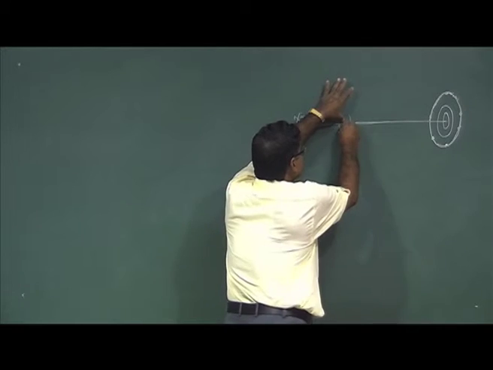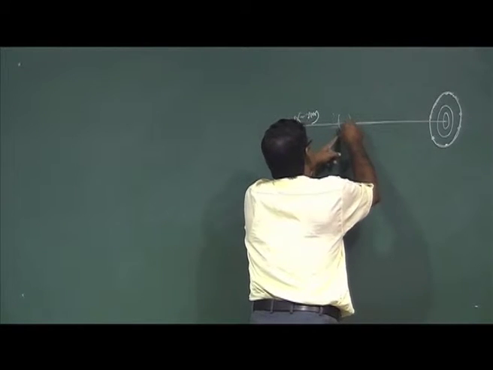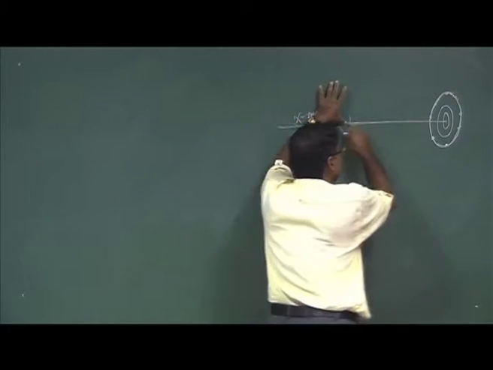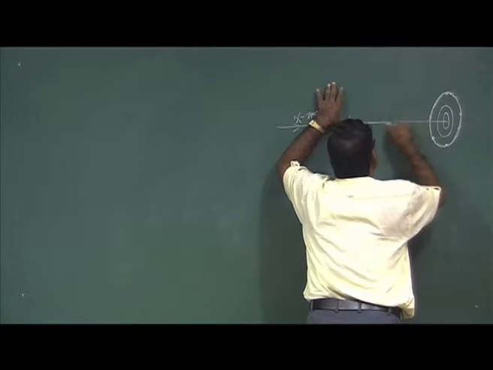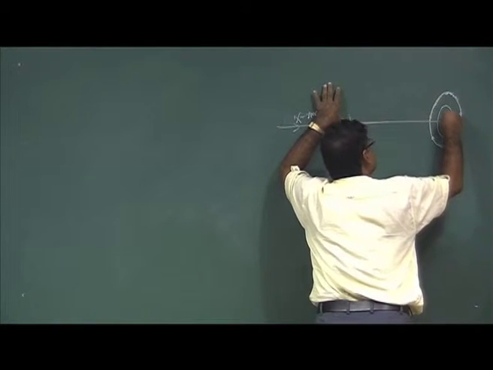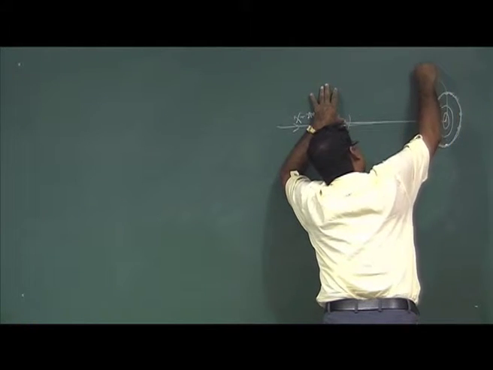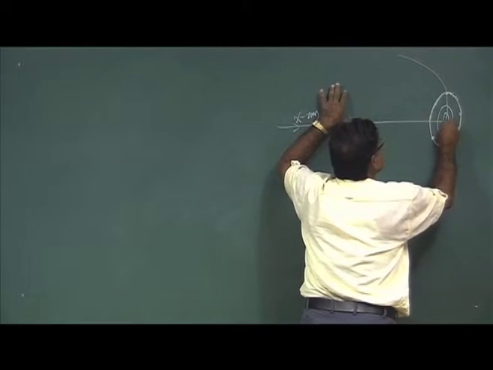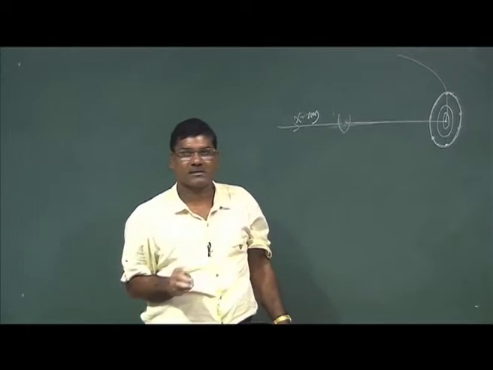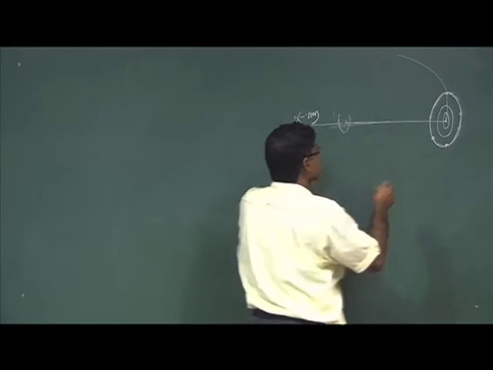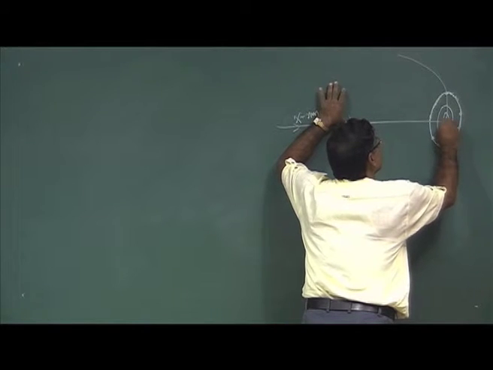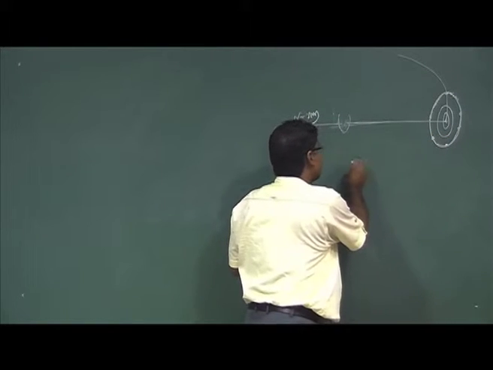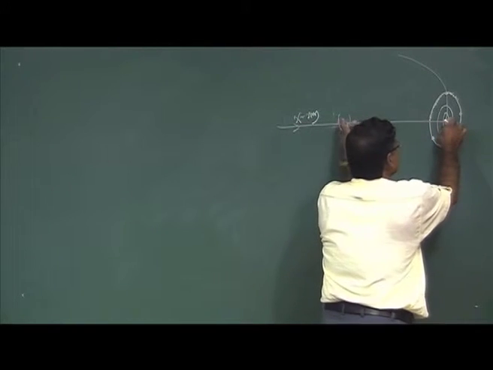Now, taking the center at the position of the sample, if you have an arrangement to rotate a detector, and say this is a point detector, initially this angle will be taken as 0. This angle will be taken as 0, the incident direction.